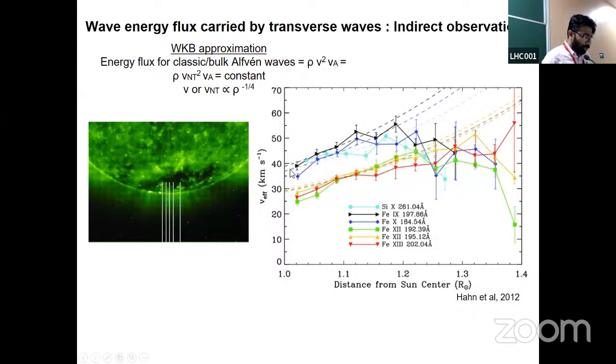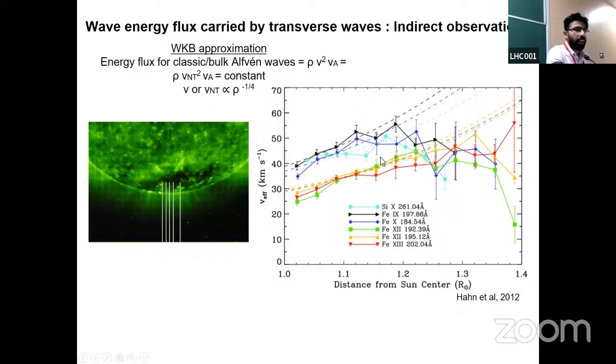And if you assume that the energy remains conserved when the wave propagates outward, then one can estimate that non-thermal line widths or these wave amplitudes vary as density to the power 1/4. These curves are shown here against distance from the Sun center, so basically it is moving up in the solar atmosphere, and you see that the wave amplitude should have increased, but observations reveal that they are not increasing beyond 1.15 solar radii.